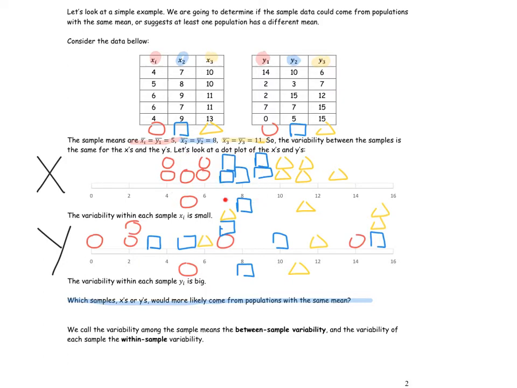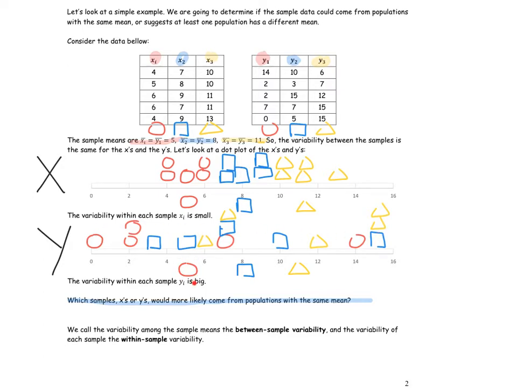Likewise here, since it's really consistent, our samples are hovering around this 8. The mean from this population most likely is around 8. And here too, because all of the sample data is hovering around 11, the population mean is probably closer to 11.